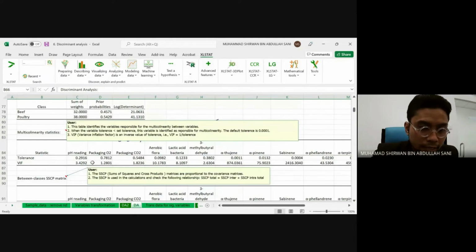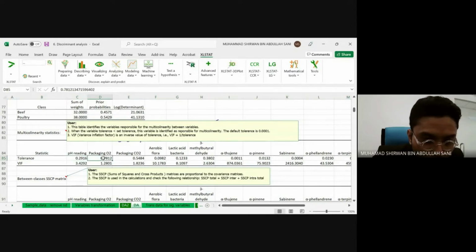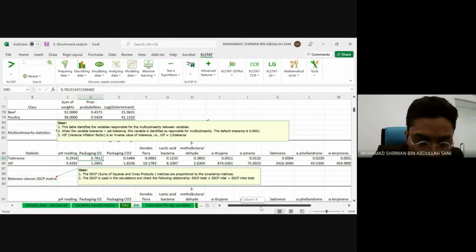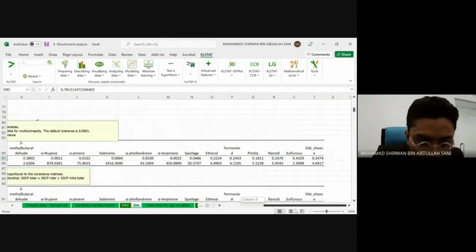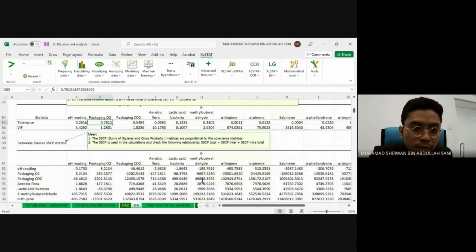You can see here, when the variable tolerance is less than 0.001, that indicates the variable has multicollinearity. Is there any lower than 0.001? There is none. So no multicollinearity in our data set.